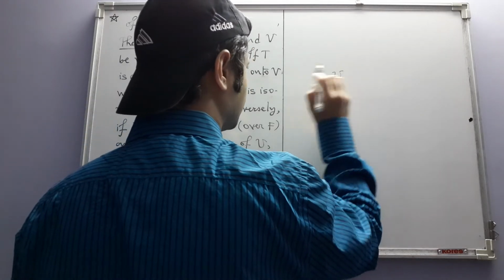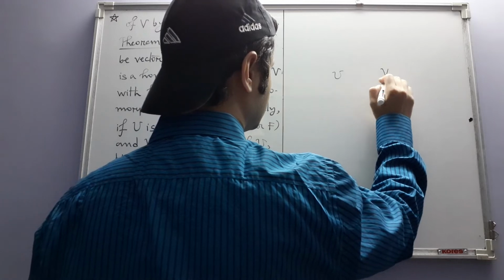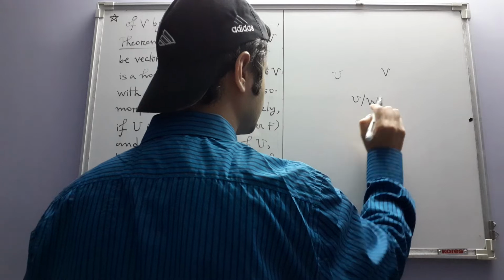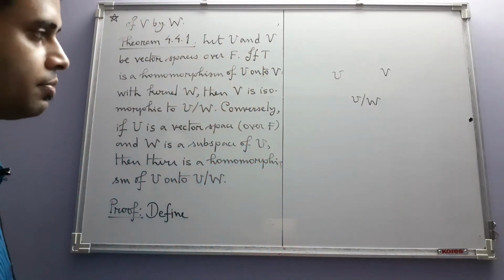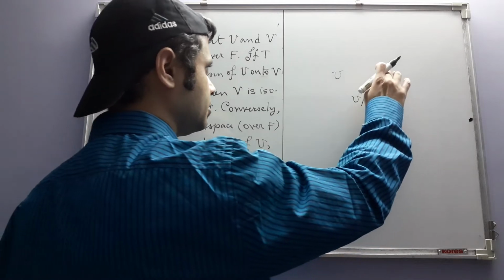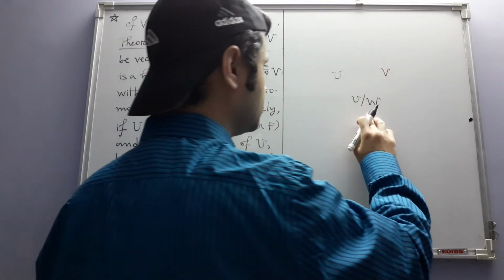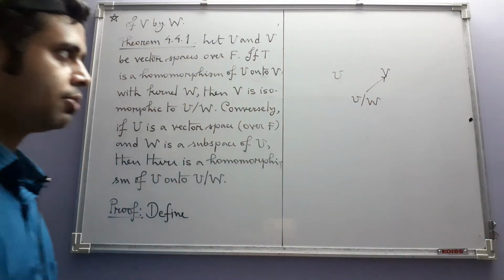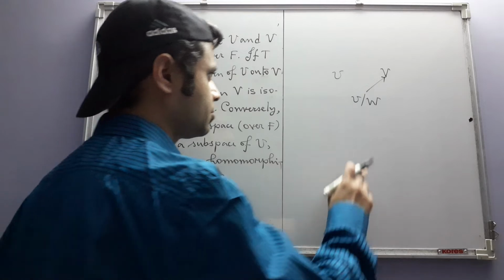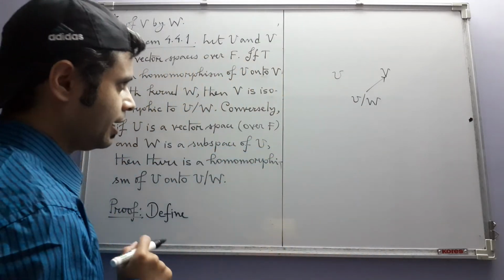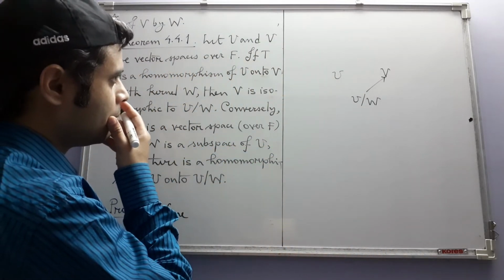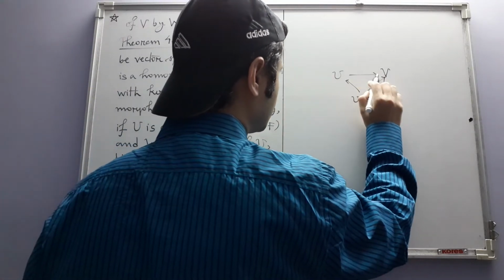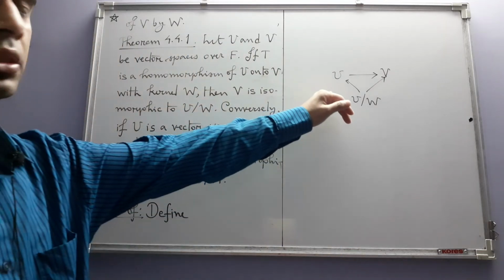We have the vector space U, we have the vector space V, and we also have the quotient space U by W. Okay, we want to show that this is isomorphic to this. So what we do, we define a mapping from U by W to V. But of course, with the help of what we already have, between these two things.